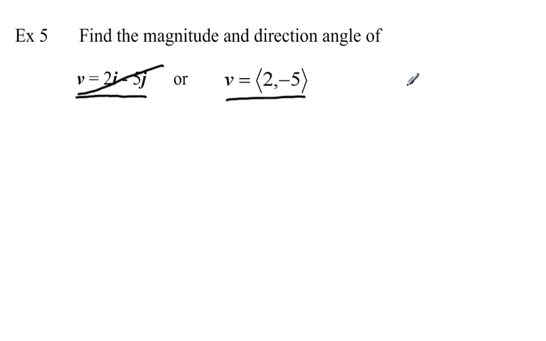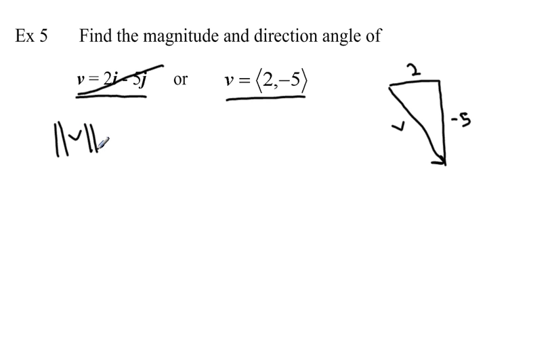Now that component form means that this vector goes 2 to the right and 5 down. So it's going to look something like this. So here's vector v. The first thing we know how to do now is find the magnitude of vector v. We can use the Pythagorean theorem.